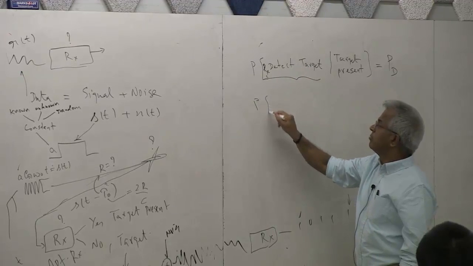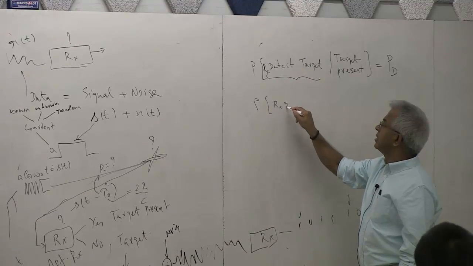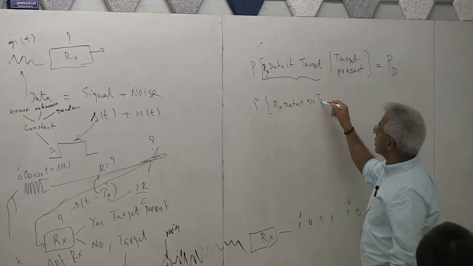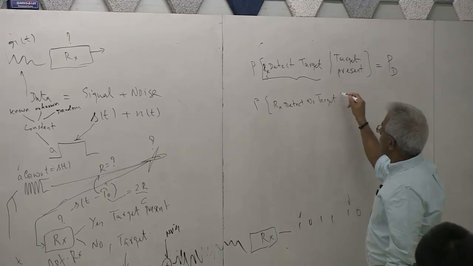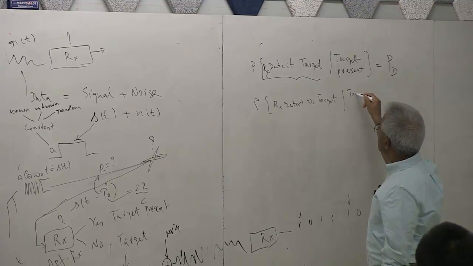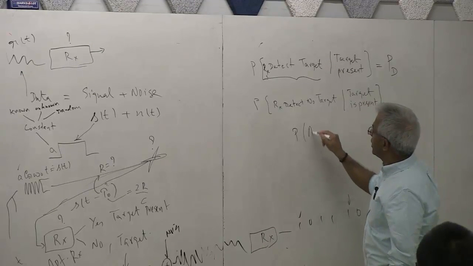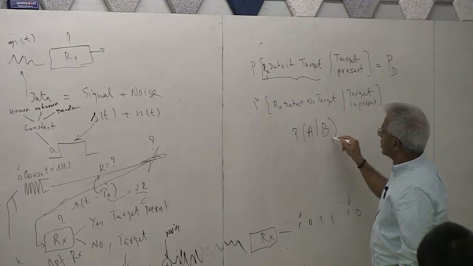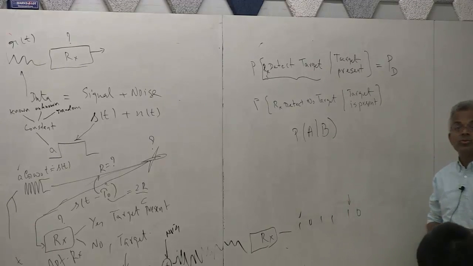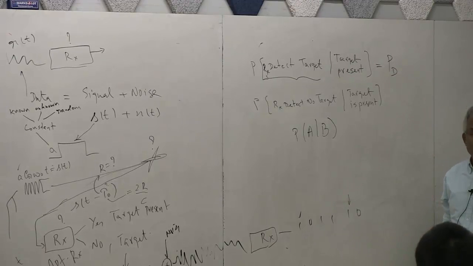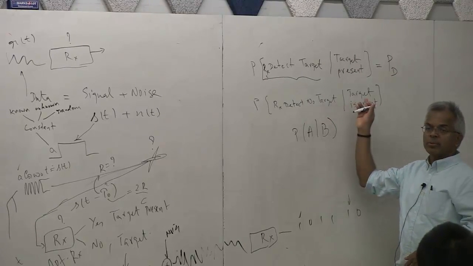Whereas the receiver is detecting, let's say, no target, when target is present. Of course you know how to read this. I'm writing P(A given B), right? So now you can see the usefulness of the conditional probabilities you have learned earlier. This is a conditional probability.